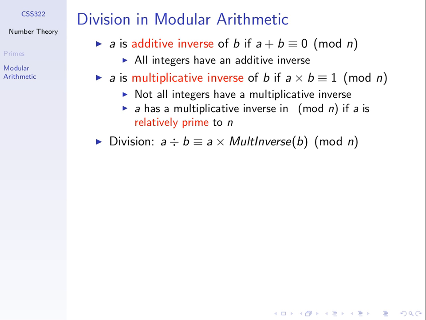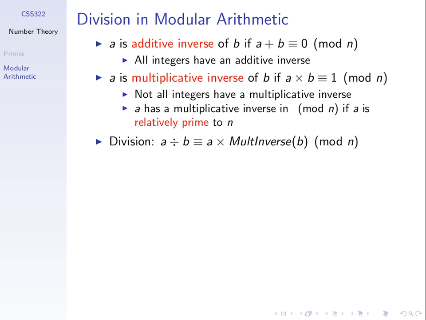We introduced in modular arithmetic that we think of a subtraction as adding the additive inverse, where the additive inverse of b is the number that when we add to b, we get 0 in mod n. Similar with multiplication and division, we have a multiplicative inverse.